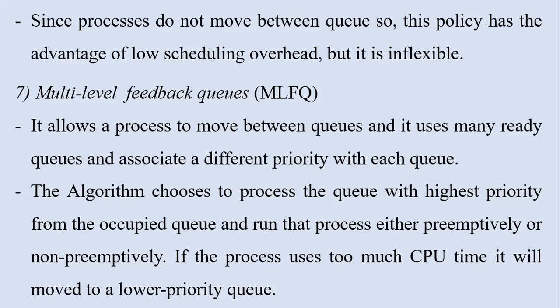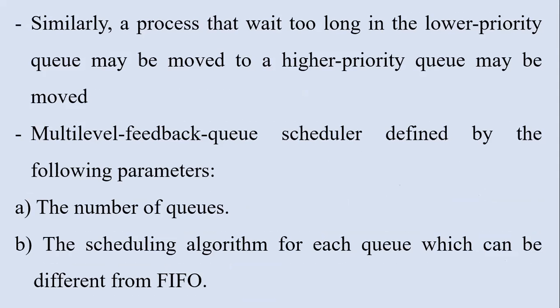If the process uses too much CPU time, it will be moved to a lower priority queue. Similarly, a process that waits too long in the lower priority queue may be moved to a higher priority queue. A multi-level feedback queue scheduler is defined by the following parameters. Number 1, the number of queues.